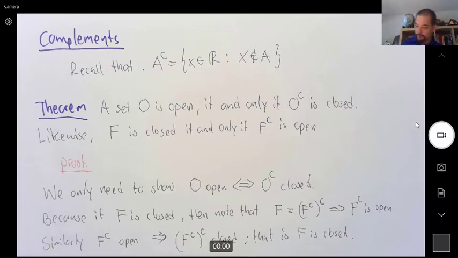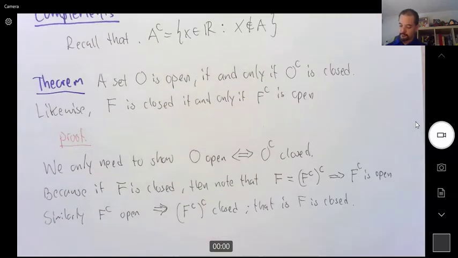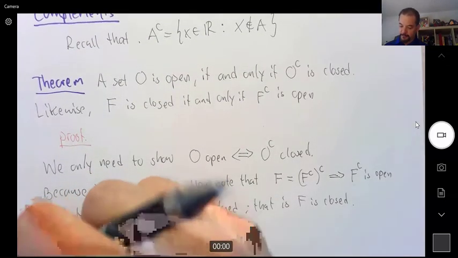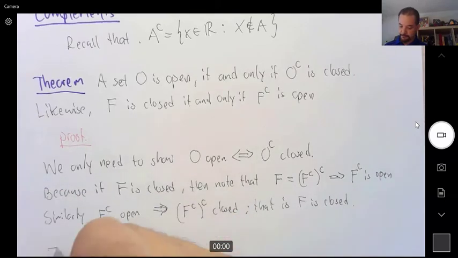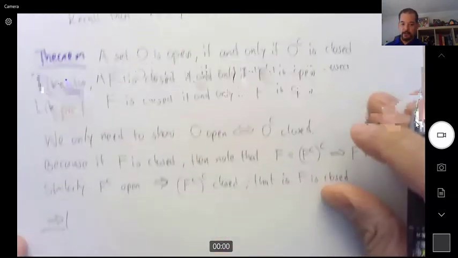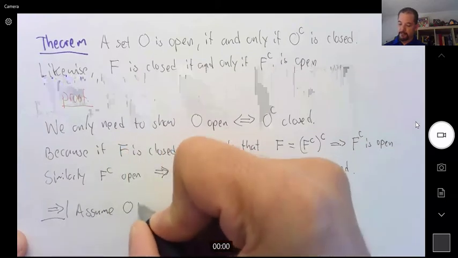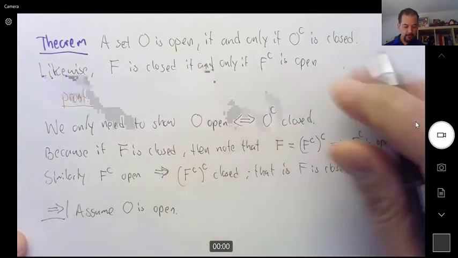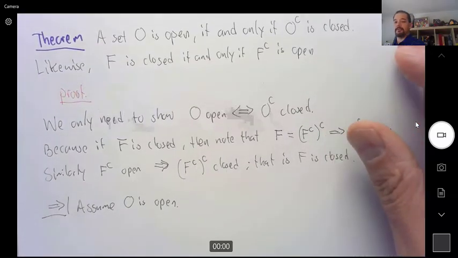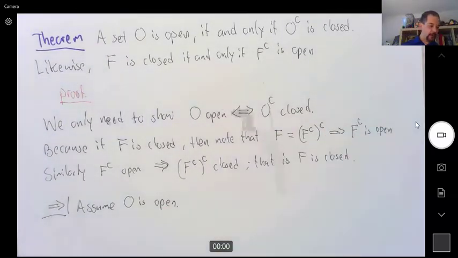Okay, so here we go. Let's assume, so first we're going to go this way, forward. And we're going to assume O is open. Remember the meaning of open? It means every point has a little epsilon neighborhood inside, right?